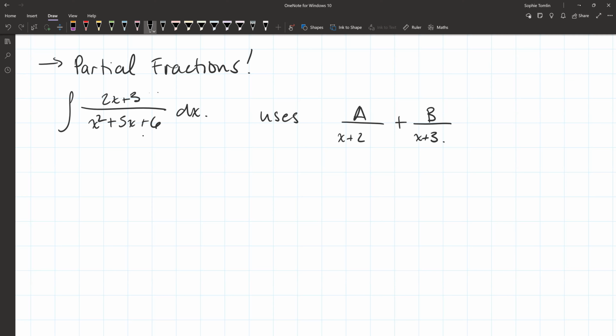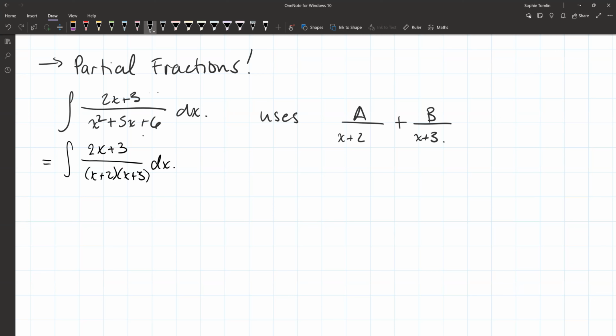So for this particular case, we're fortunate that we have a denominator that factors nicely. Here we have the integral of 2x plus 3 all over (x plus 2)(x plus 3) dx.